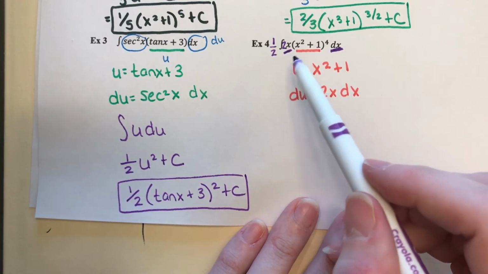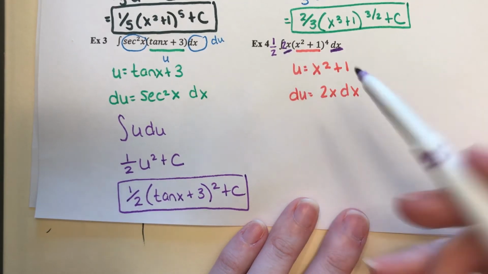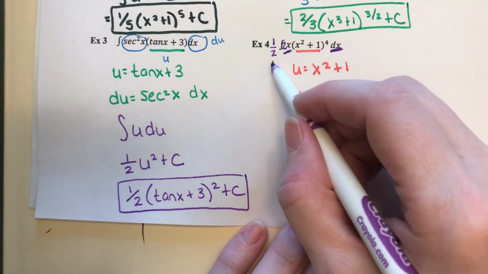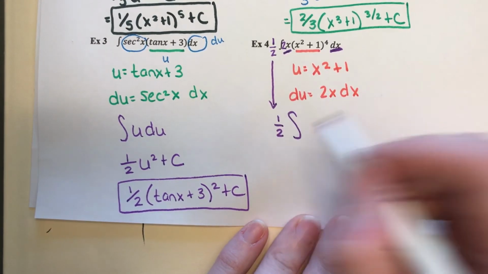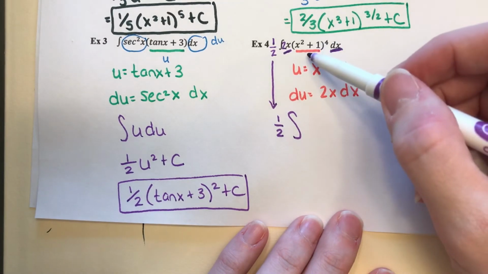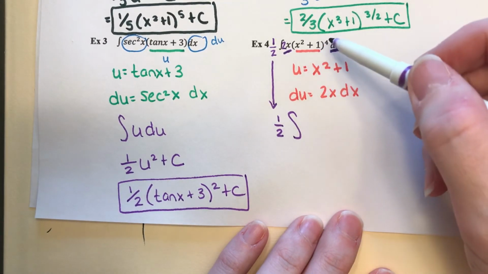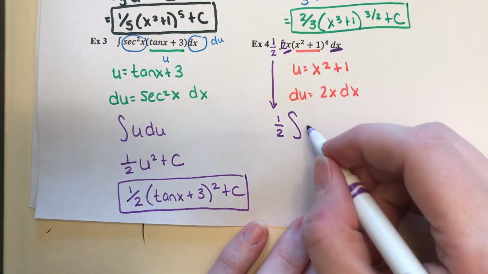I just put in a 1, but I fixed the problem so that now I have a 2 that I needed. So the only thing that we have extra is that 1/2 on the outside. We're going to bring that down. And what's left, I have the underlined part in the red here. So u to the 4th, and now everything else works out perfectly to be du.